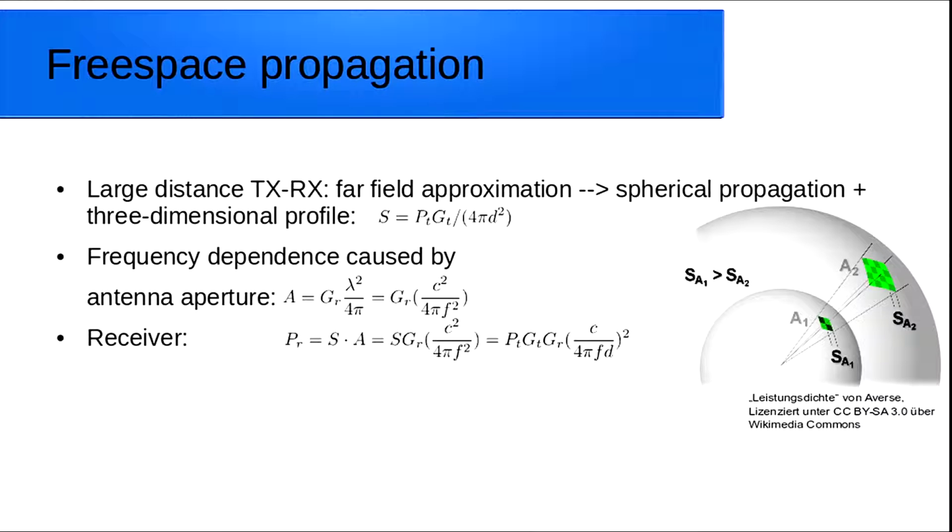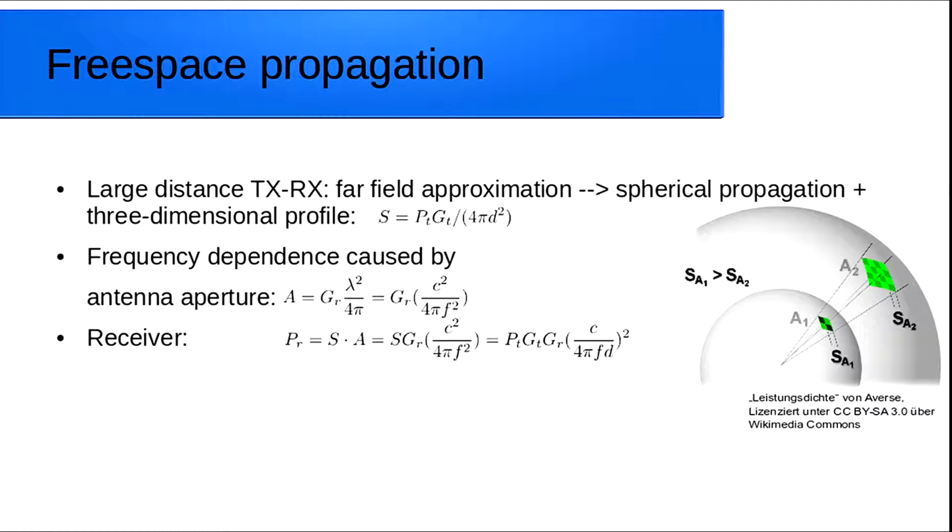The antenna aperture determines how well an antenna can pick up power from an incoming electromagnetic wave. At higher frequency, the antenna in proportion to the wavelength is smaller, and therefore we cannot pick up as much power.